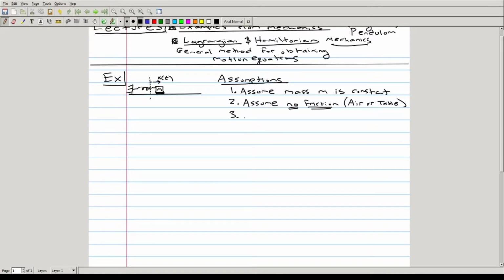And we're going to assume no external forces. So we're not going to place any external forces on the mass.